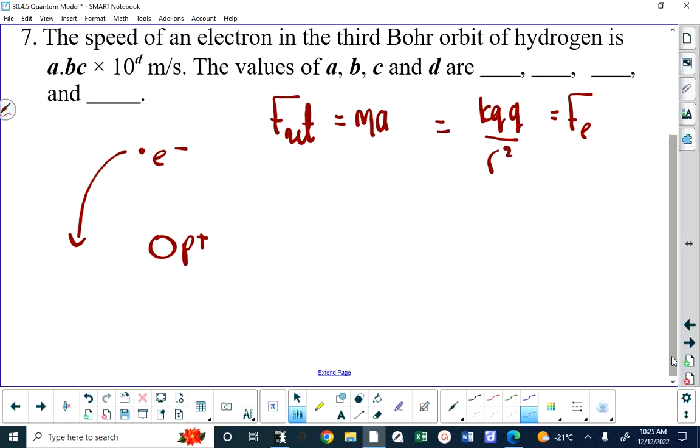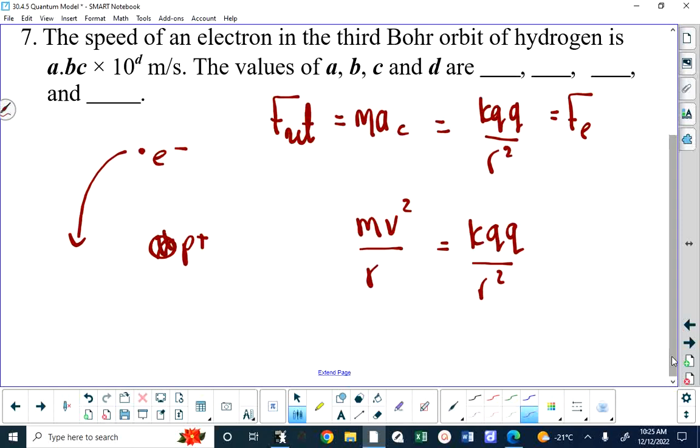Thank you, Carly. It should definitely be r squared. So ma is equal to kQq over r squared. You did this last year with satellites, except it was ma equals GMm over r squared. This is centripetal, and we've done the same thing with magnetic forces, haven't we? So this becomes mv squared over r equals kQq over r squared, and we have enough information to answer the question.